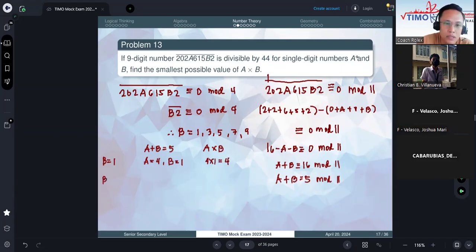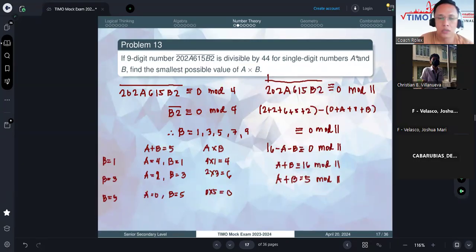At B is equal to 3, of course you will have A is equal to 2, and B is equal to 3. So we have 2 times 3, that is equal to 6. Now, if B is equal to 5, of course our A is 0. So we have 0 times 5, that is equal to 0.